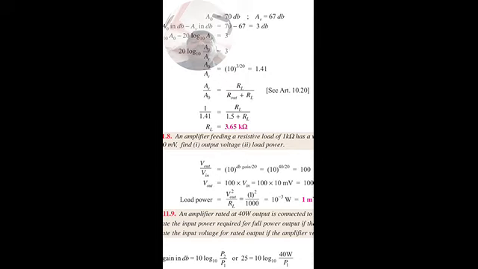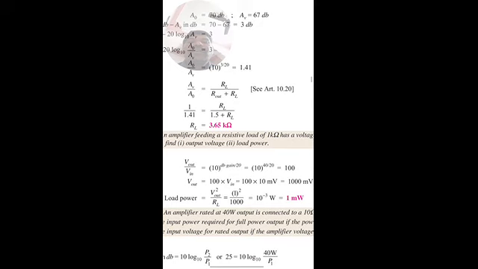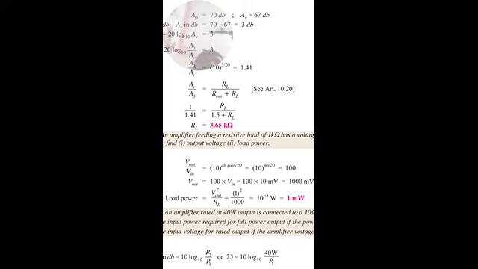So important, the load power is equal to Vout square by RL. So Vout is 1 volt, RL is 1000, that is 10 power minus 3 watts or 1 milliwatt. So very important, that is load power.